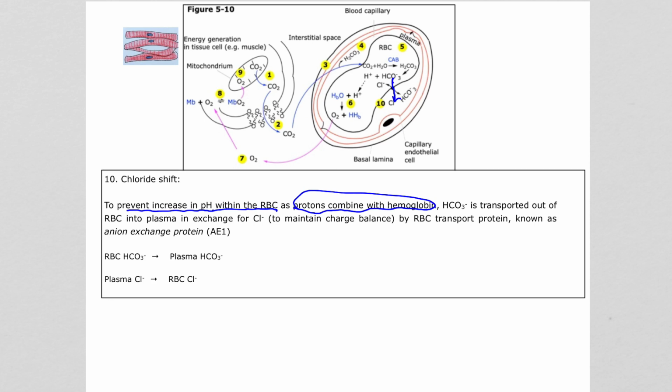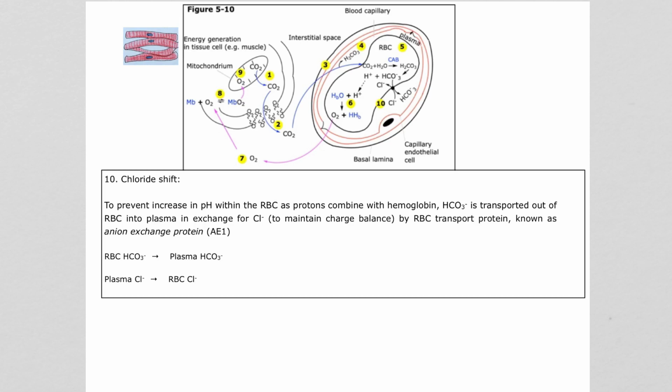In order to maintain charge neutrality, since a negative charge is removed from the cell, another negative charge is brought into the cell, and this is your chloride. Your chloride enters in exchange for bicarbonate that is getting out of the red blood cell.